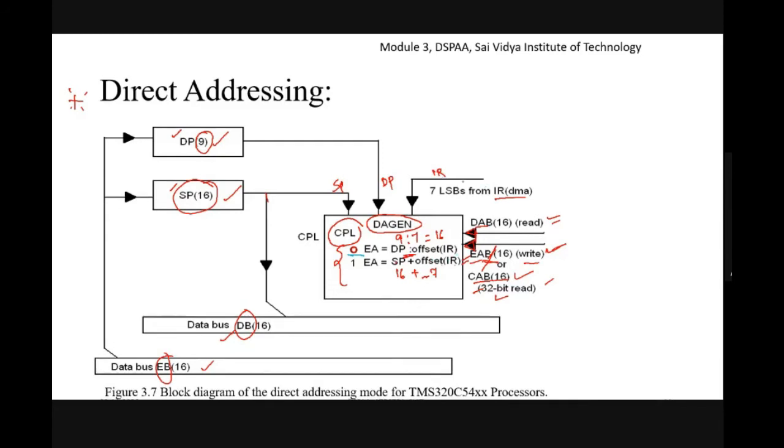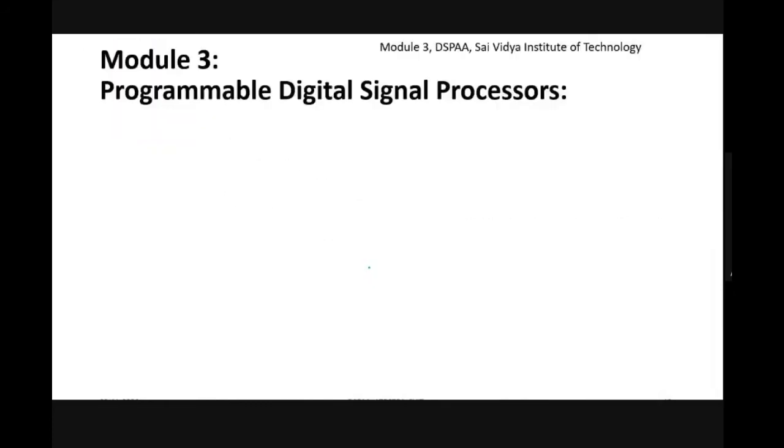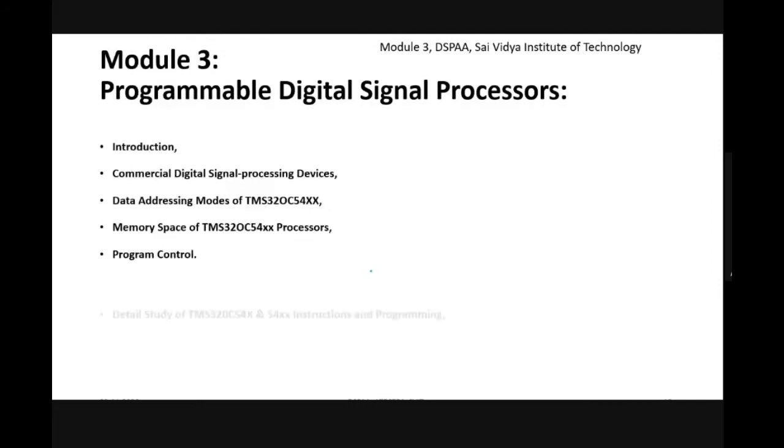We consider only 7 offset bits of the instruction register. We concatenate them and then we get the effective address. If the CPL bit is equal to 1, addition takes place of the 16-bit stack pointer and the 7-bit offset of the instruction register, and the effective address is calculated. Then in the next classes we started with the next topic in this module.